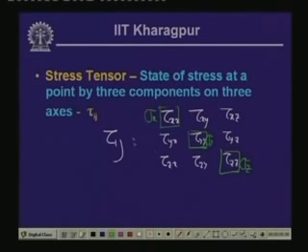So, we have the stress components sigma x, tau x y, tau x z acting on the x plane. We have tau y x, sigma y, tau y z acting on the y plane, and tau z x, tau z y and sigma z acting in the z plane. So, these are the 9 stress components we have at a point.